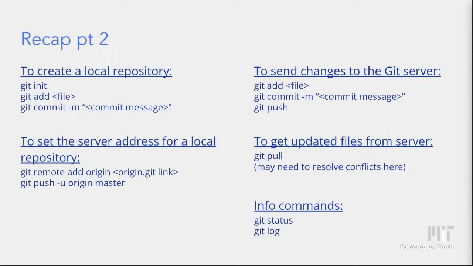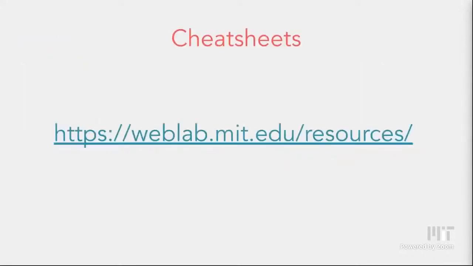So this actually tells you everything you need to know, mostly, for actually using Git. We also have cheat sheets. Basically, I think we have one for every topic. You can use those and they basically have all the information that you need if you want some handy reference as you're typing in your terminal.